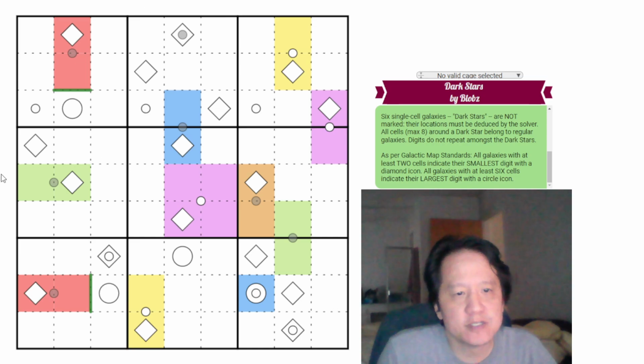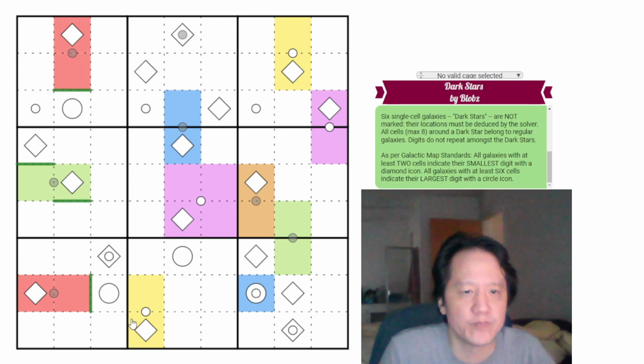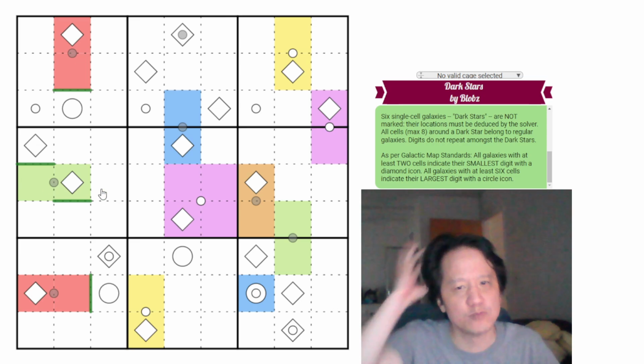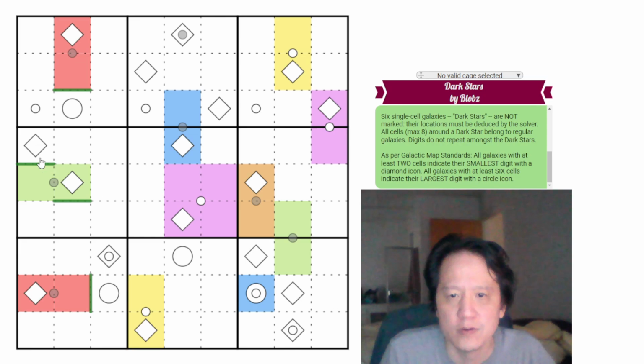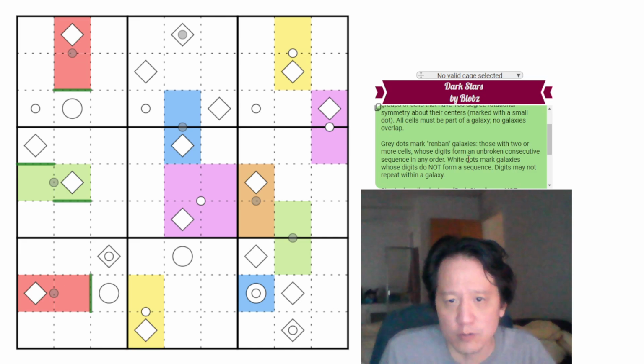Okay, so this has to be a boundary, definitely, because we know this can't be... These both cannot be the smallest, because they're different digits. So this one can't be either. So this could be essentially one that's 2 in length. We also know that the gray ones are Renban ones.